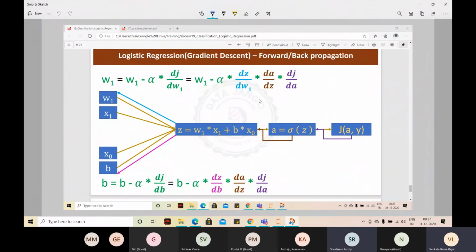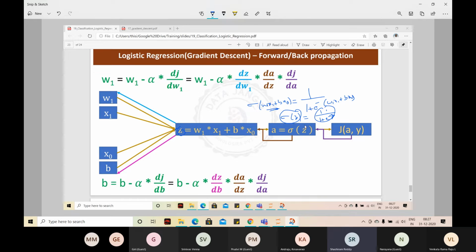So a is the sigmoid of w1x1 plus bx0, which is 1 by 1 plus e power minus (w1x1 plus bx0). But if you denote this as z, you can say sigma z is equal to 1 by 1 plus e power minus z. That's it. I am using this rather than the longer equation. Got it? It's just a notation.